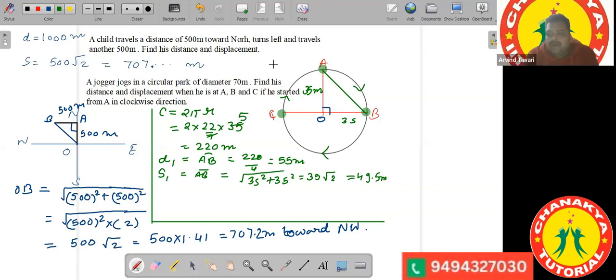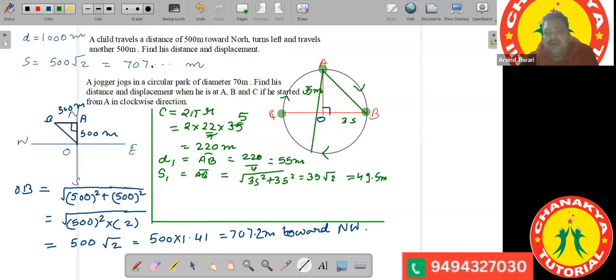The question says the starting point is A. From A you are running through the boundary, so your distance will be equal to the circumference, but your displacement is something like this. Your starting displacement will be AB. Then as you move on the circle, your displacement goes on increasing. When you are at the diameter, your displacement becomes maximum, equal to the diameter.